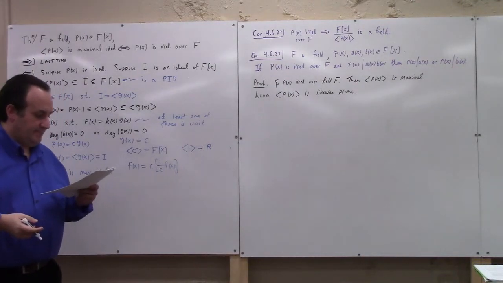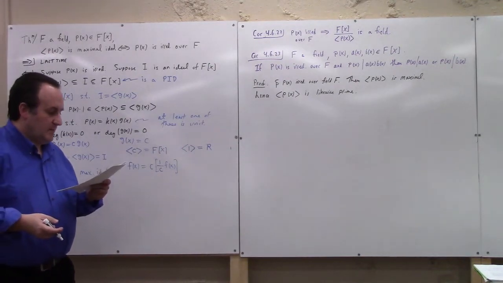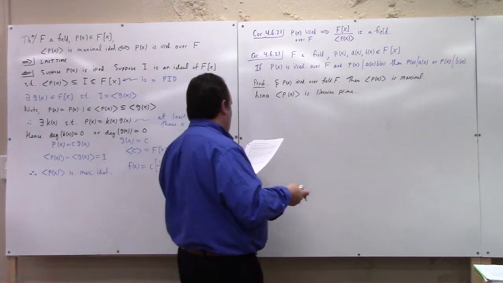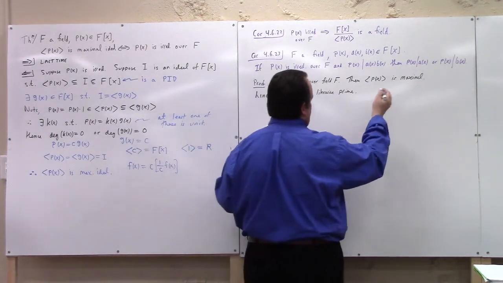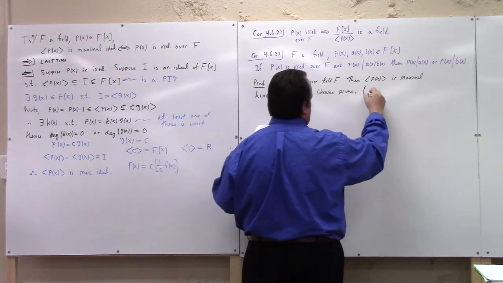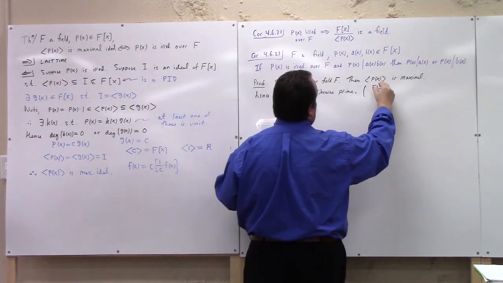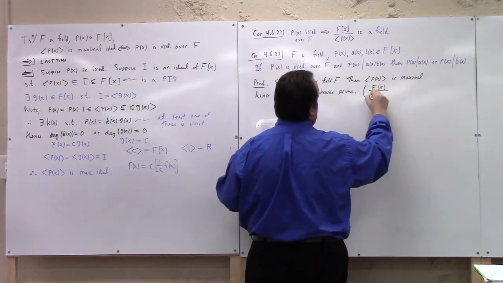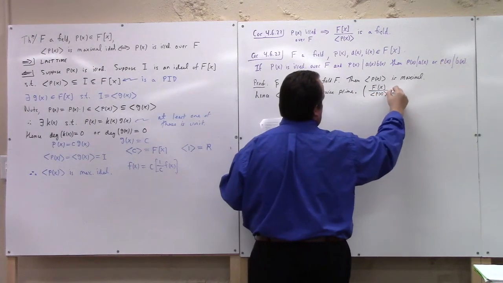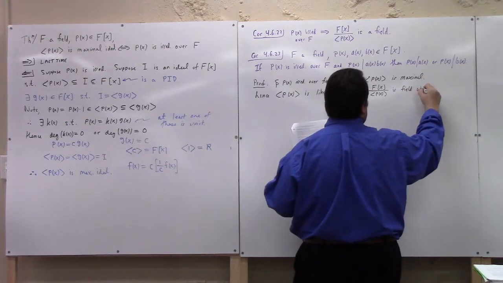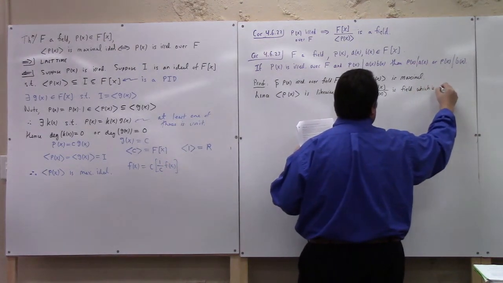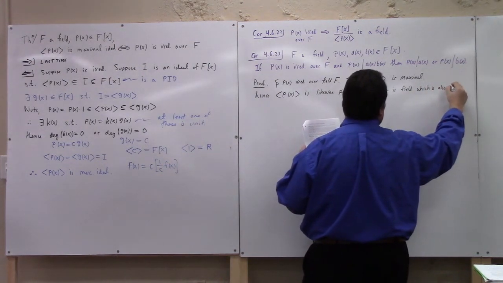And if you want further evidence of that, notice that by the previous corollary, F of x mod p of x is a field, which is also an integral domain.